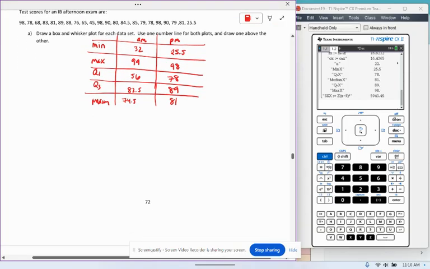Now I got to consider what scale I'm going to use. So it looks like the lowest is PM min, and that's 25.5. Then the highest is AM max, and that's 99. So I got to go from 20 to 100. Let's do that.